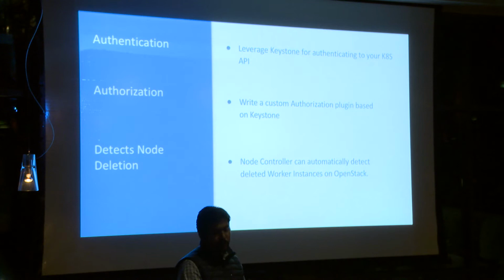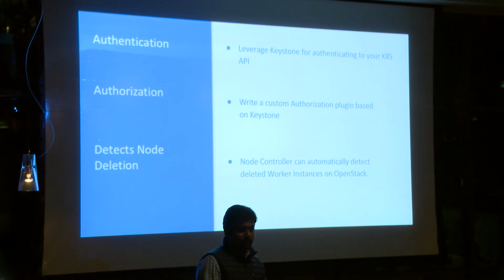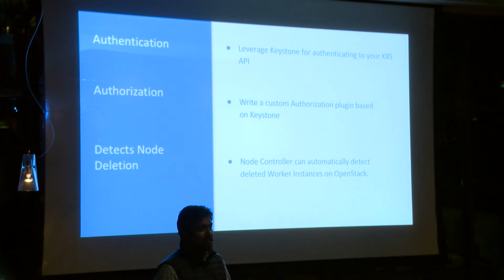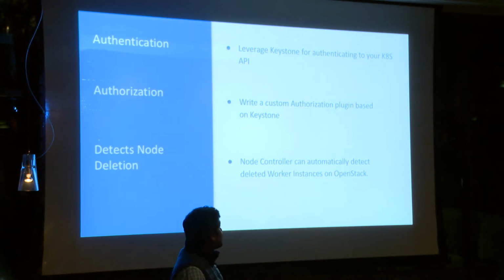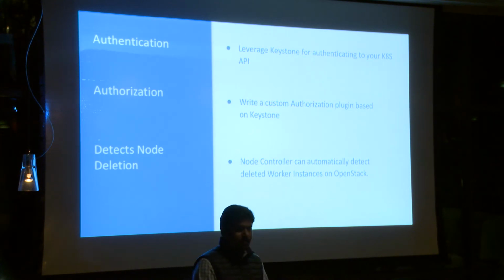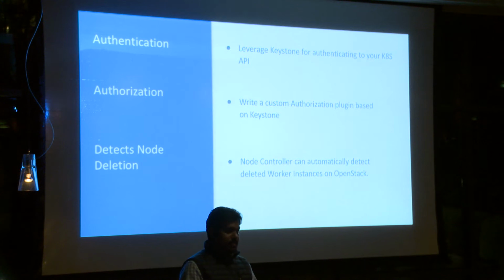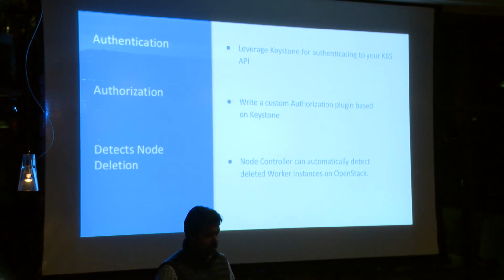So you don't need to go hunt for a different IDM. Keystone is the best in class IDM for your Kubernetes plus OpenStack together. And you could also run custom authorization plugins on Keystone, so that you could leverage the projects and users concept in Keystone. You could map them back to your Kubernetes cluster.